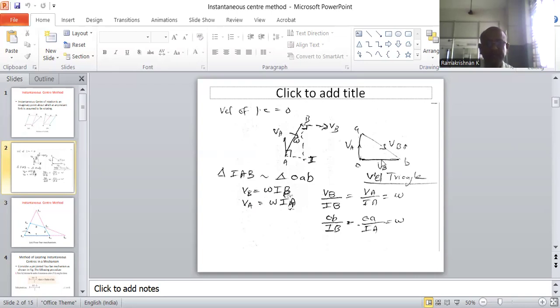For this, we know the procedure for drawing the velocity triangle. Fix a fixed point O, that is the origin.